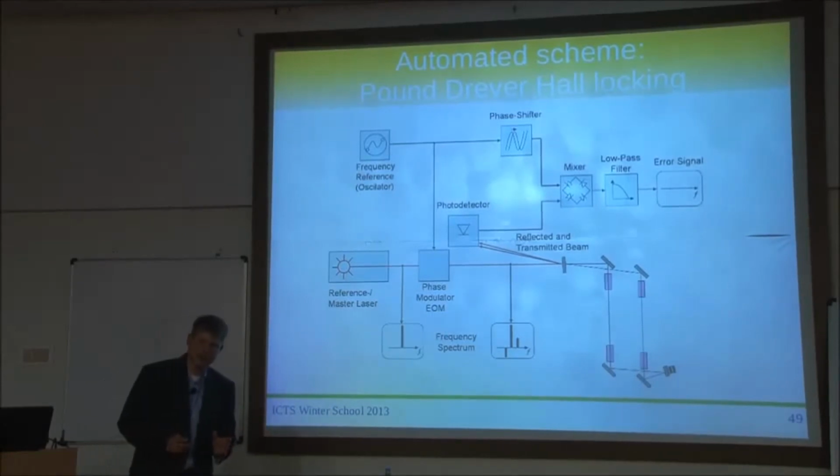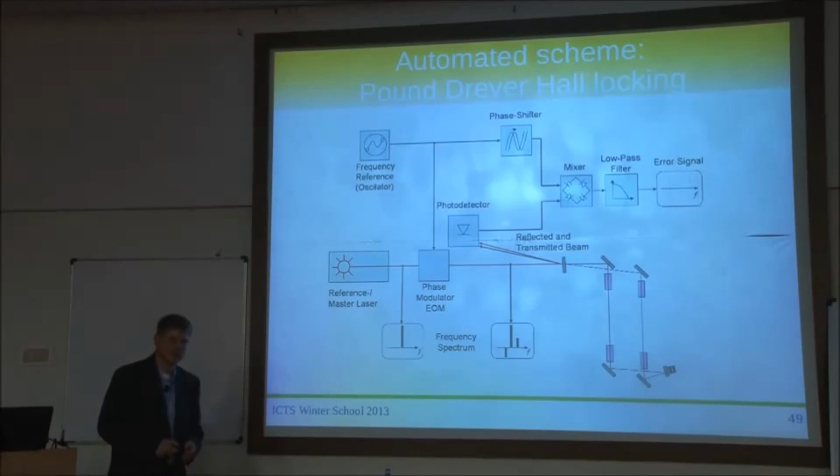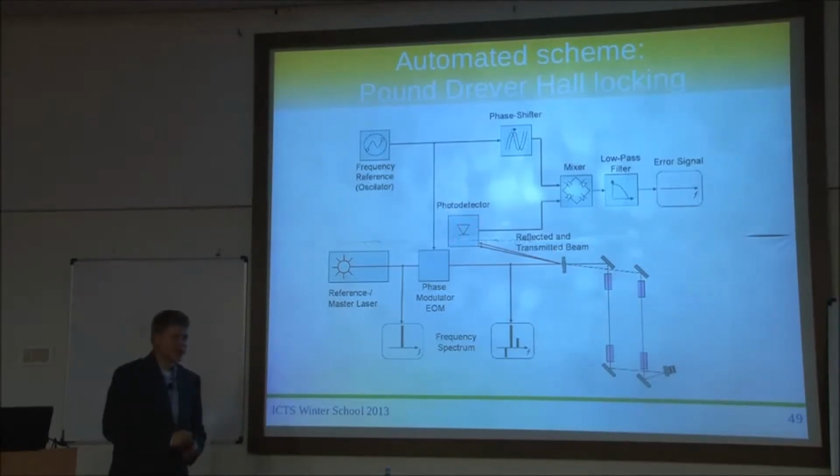If you're right on resonance, then the phase shift between the light going around in this oscillator and the light which is directly reflected is exactly pi. So you end up with destructive interference, which means that all the carrier light fits into the cavity here. And then you have a photo detector which is resonant at the driving frequency of this local oscillator.